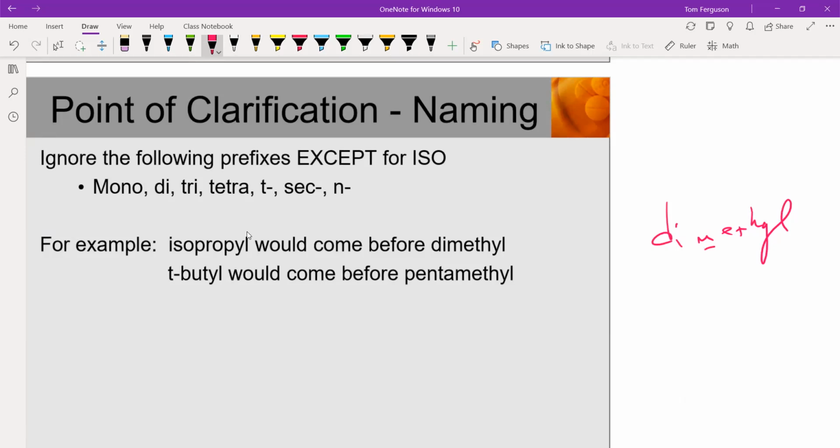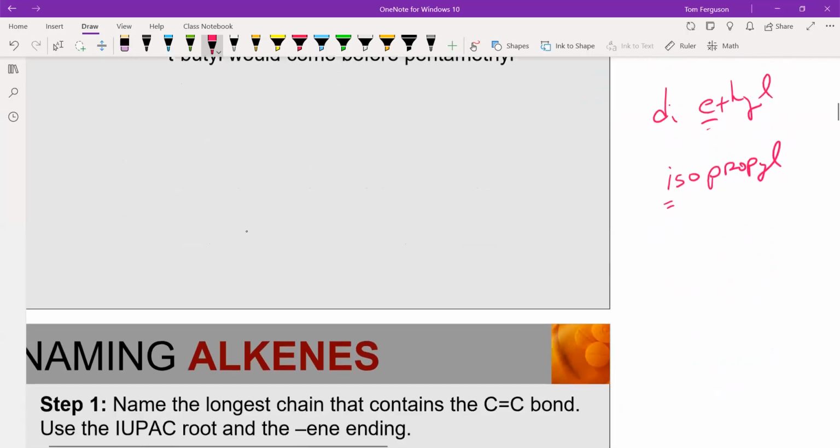It's the M. Or diethyl, it's an E. We're going to be talking about isopropyl, for example, or isobutyl. The iso is part of the actual structure, so it counts as an I. That's what they're talking about here.